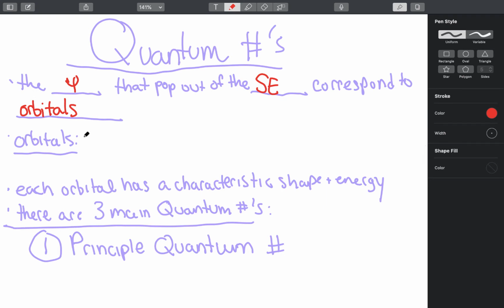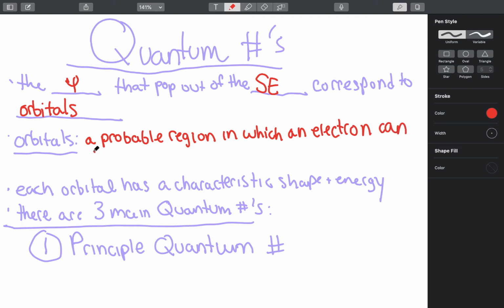An orbital is a probable region in which an electron can occupy. Each orbital has a characteristic shape and energy associated with it. In this video, we're going to be primarily talking about the energy of each orbital. However, in the next video, we're going to be talking about the different shapes.